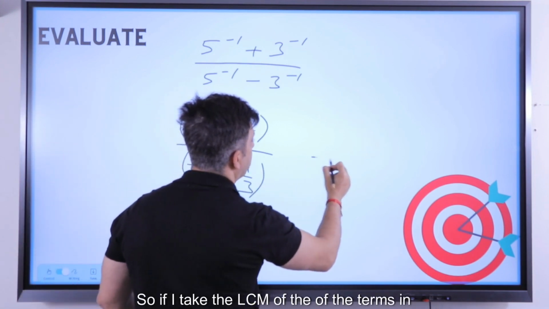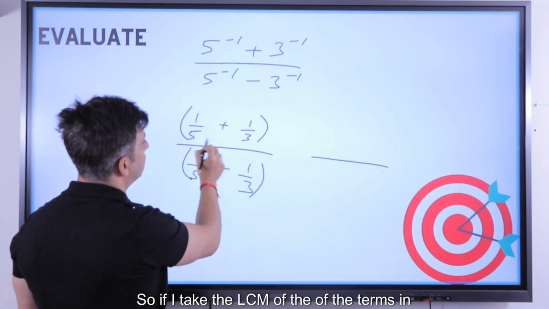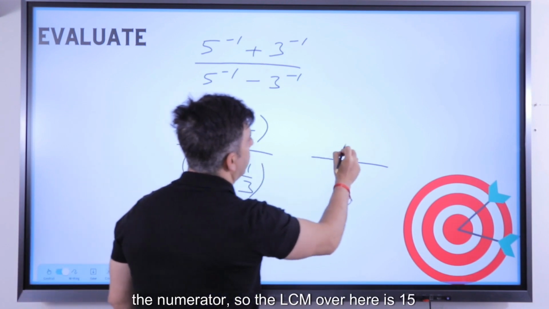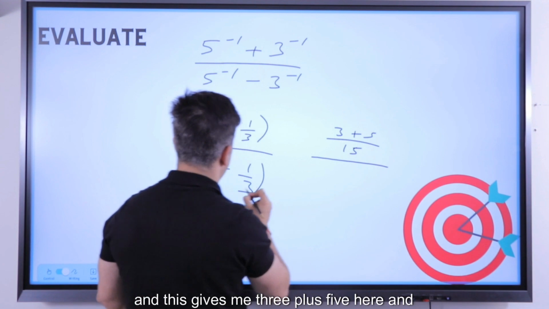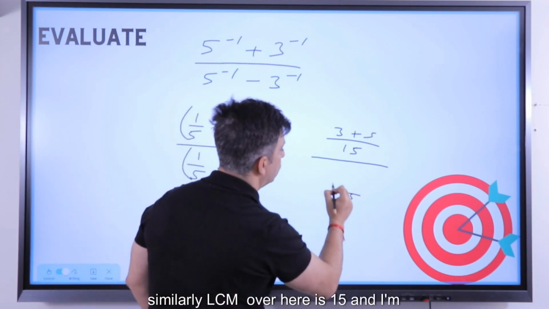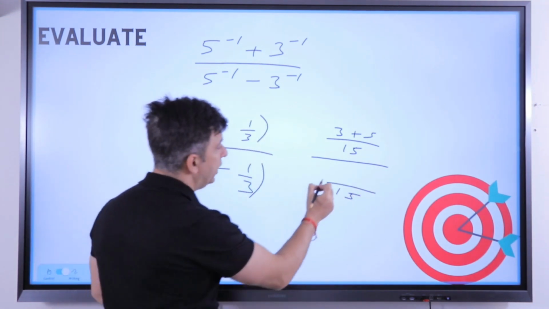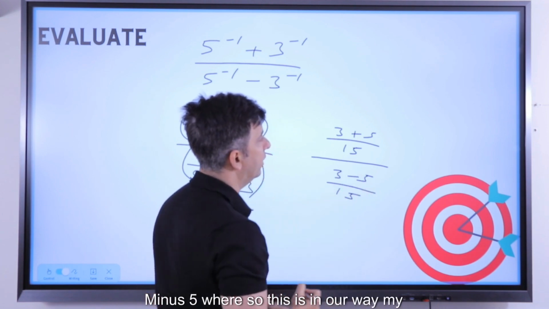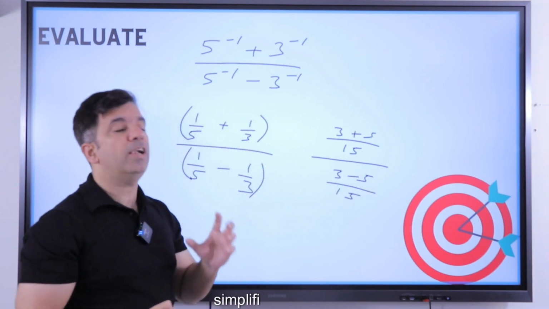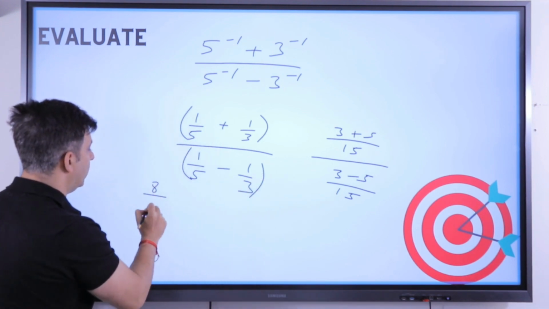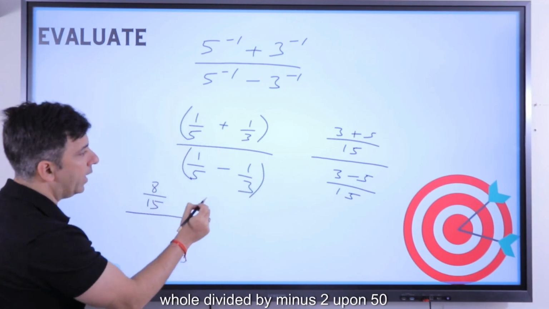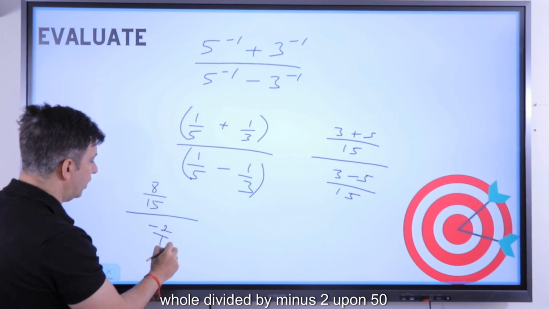So if I take the LCM of the terms in the numerator, the LCM over here is 15 and this gives me 3 plus 5 here, and similarly the LCM over here is 15 and I'm getting 3 minus 5 here. So we have obtained 8 upon 15 whole divided by minus 2 upon 15.